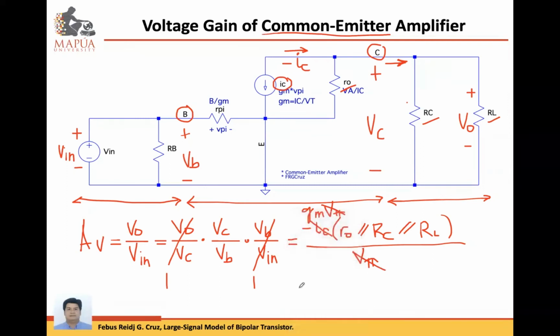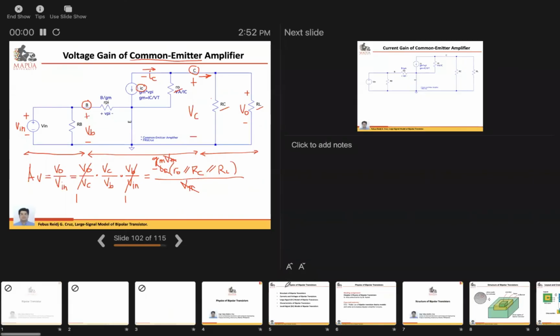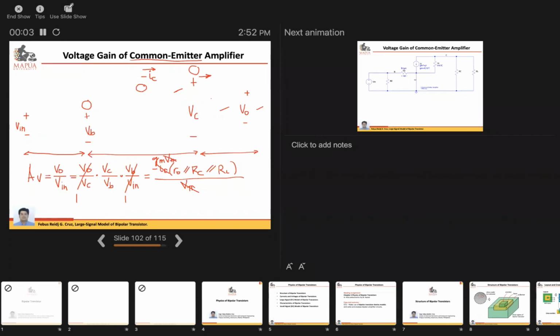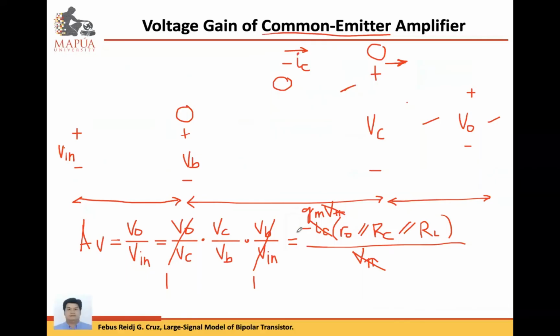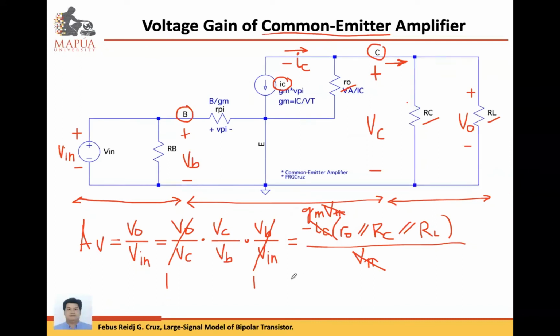So therefore, the voltage gain is now equal to, ano ilalagay natin? Voltage gain is negative of transconductance gm multiplied by R out parallel with RC, then parallel with RL.